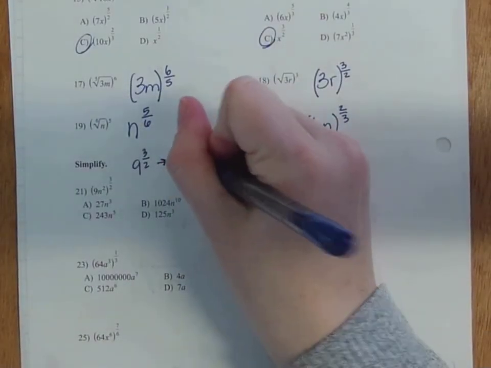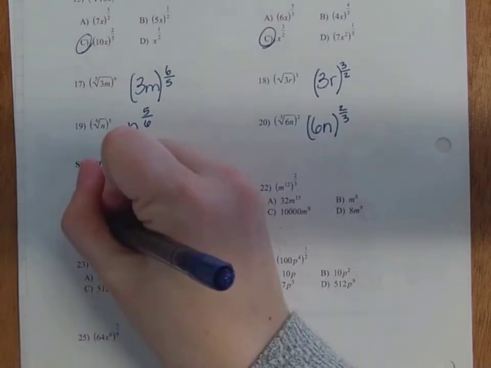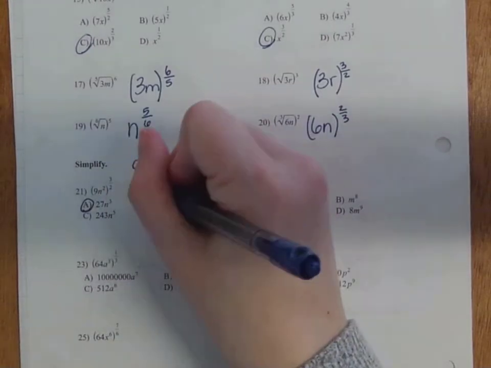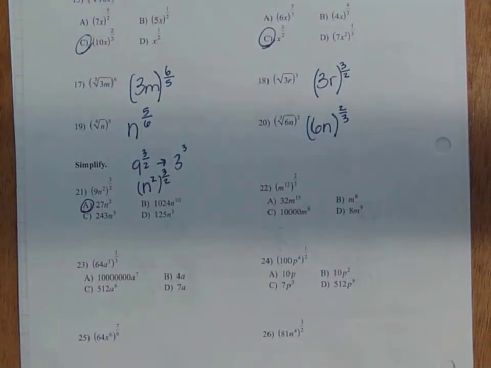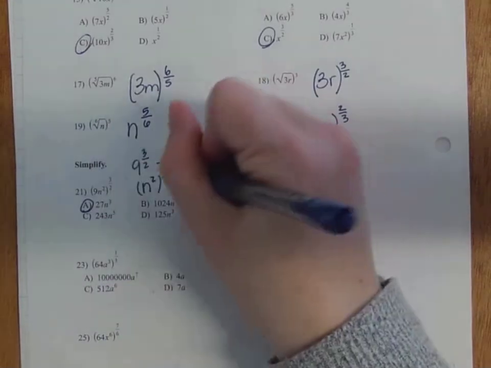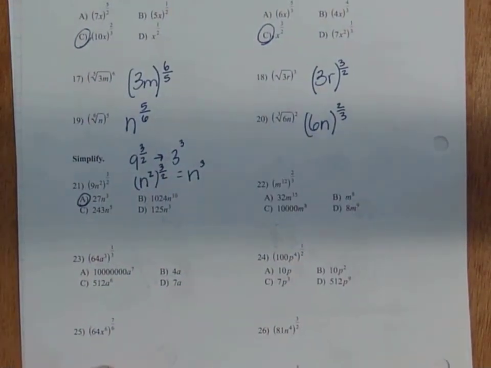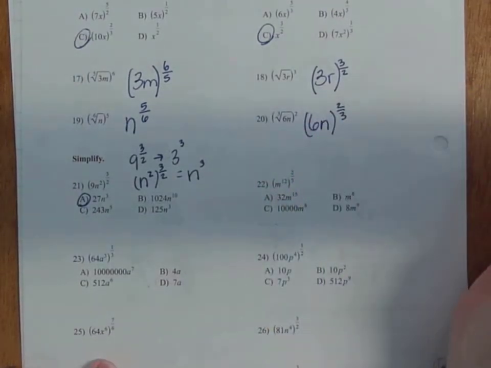So 3 to the 3rd power is? 27. Okay, so luckily they tell us this here, because that's the only one with the coefficient 27. But n squared to the 3/2, what do I do with those exponents? Multiply, and 2 times 3/2 is 3.